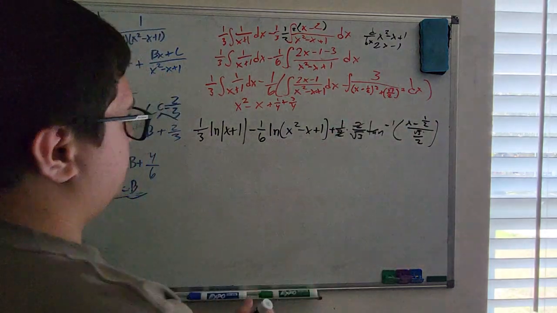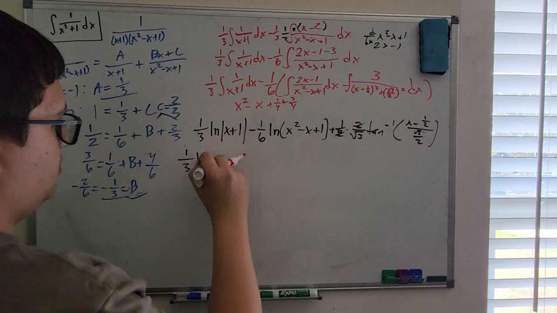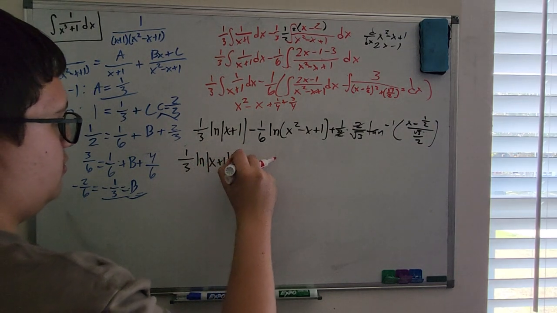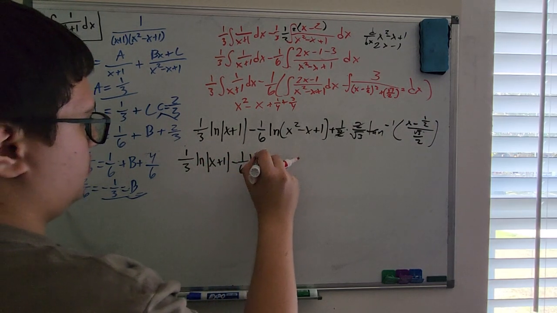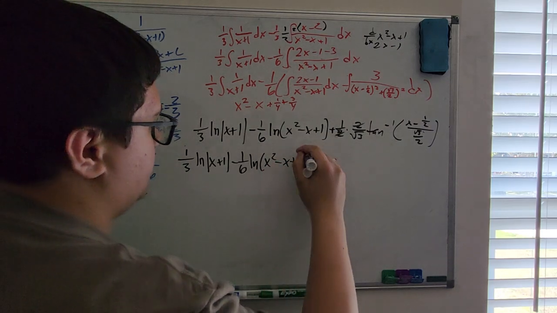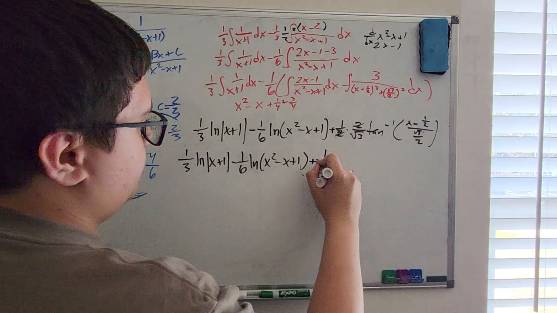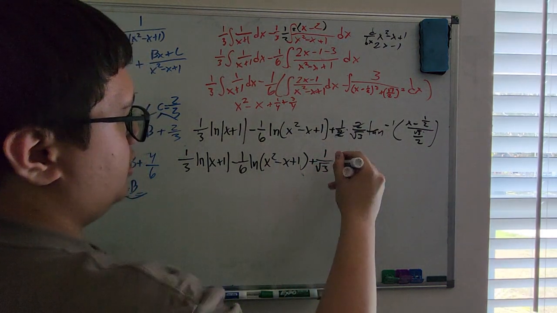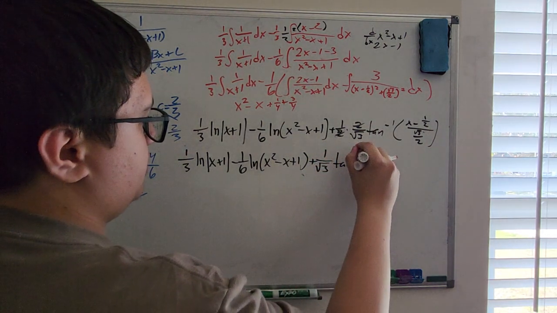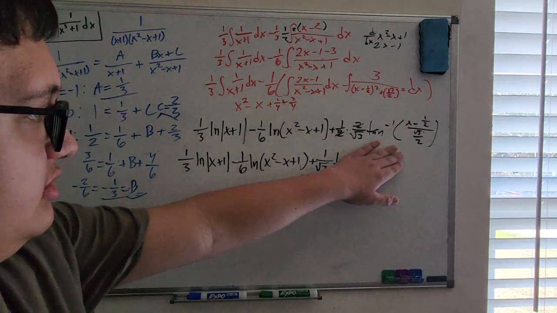We can cancel out 2 and then we can rewrite everything here. So that'll just be 1 over square root of 3, right? And then arctangent, right? And then you can actually distribute this.